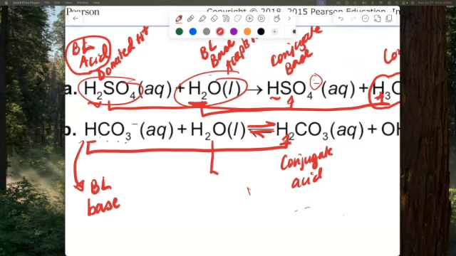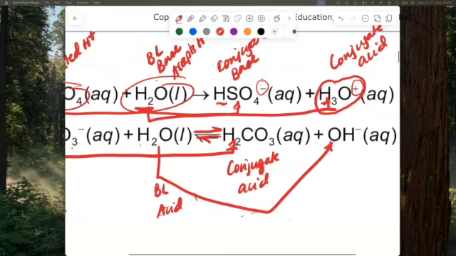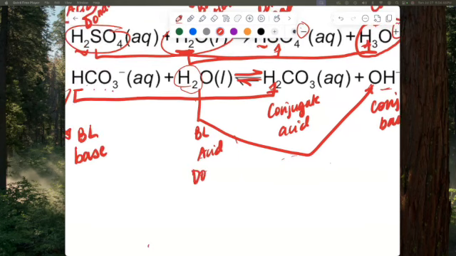By default, the water is playing the role of the Brønsted-Lowry acid. And how do we know for sure? It starts off with 1 more hydrogen and ends up with 1 less hydrogen. It's going to be the conjugate base. You can see this one here donates a proton. And then here accepts a proton.